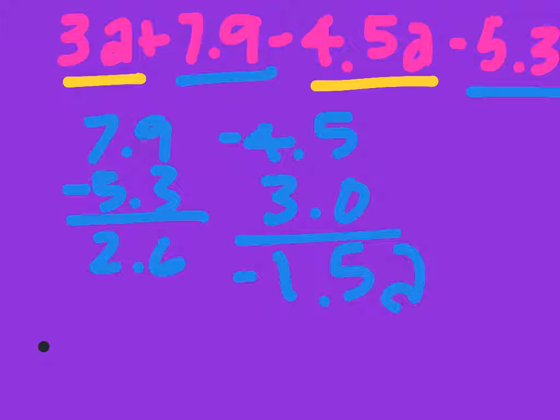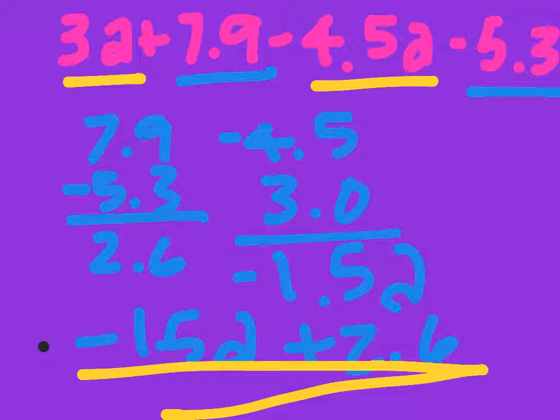So the answer is negative 1.5a plus 2.6. That is our final answer because there are no like terms. It's in the simplest form.